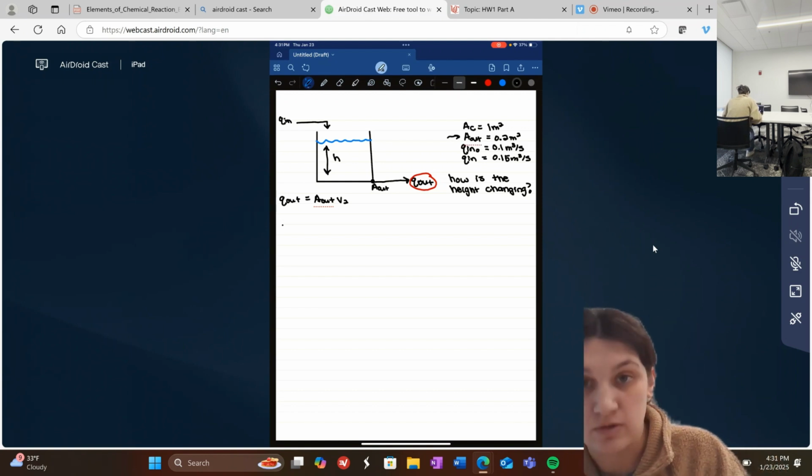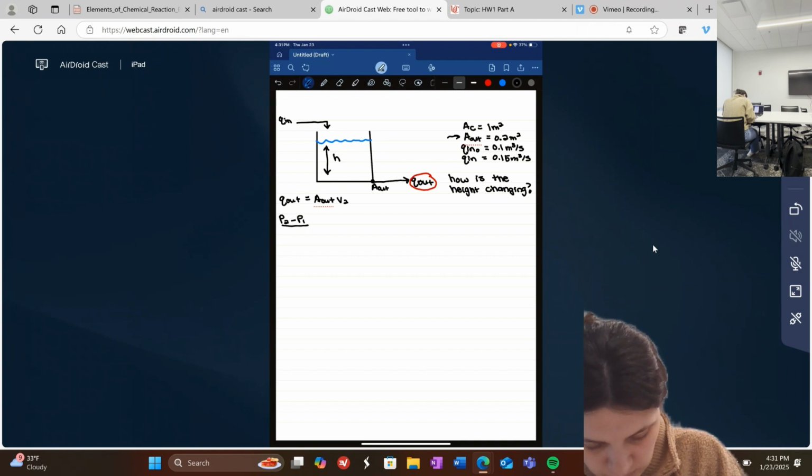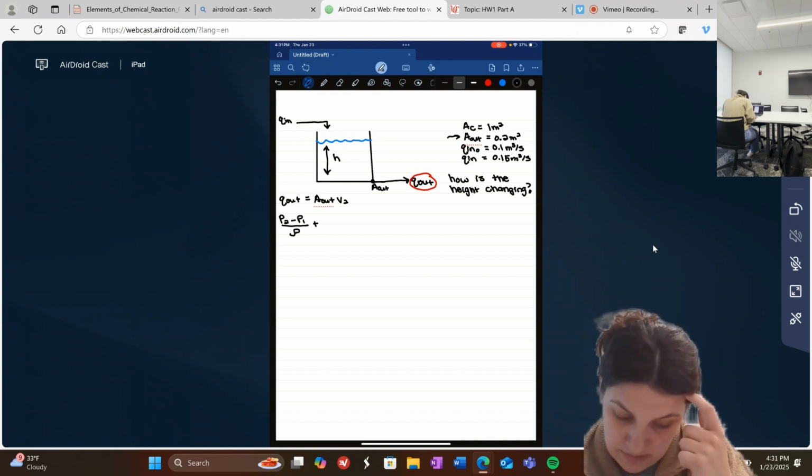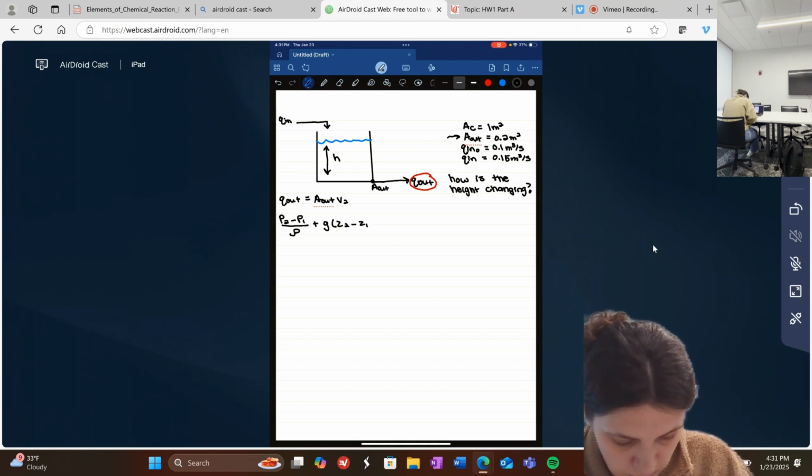To do this, we can use Bernoulli's equation. So this is our pressure energy, P1 minus P2 over density, plus our potential energy, so G times Z2 minus Z1.